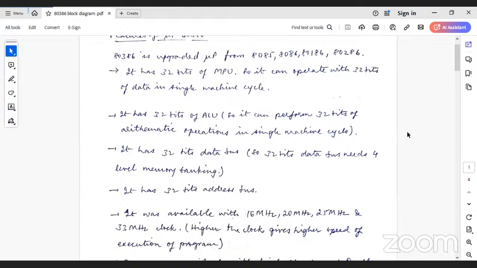Now, similarly, in the address bus also, it has got 32 bits of address bus. So you can have 32 lines of address. Here also, last time I asked you, how much will be 2 to the power of 30?